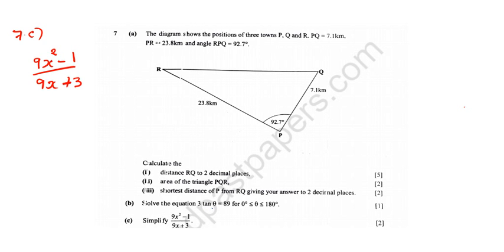So simplifying. On top we have this x which has a square, and we also have a negative here. That means we can factorize using a difference of two squares. For 9, we look for a number whereby when we square it, it will give us 9.